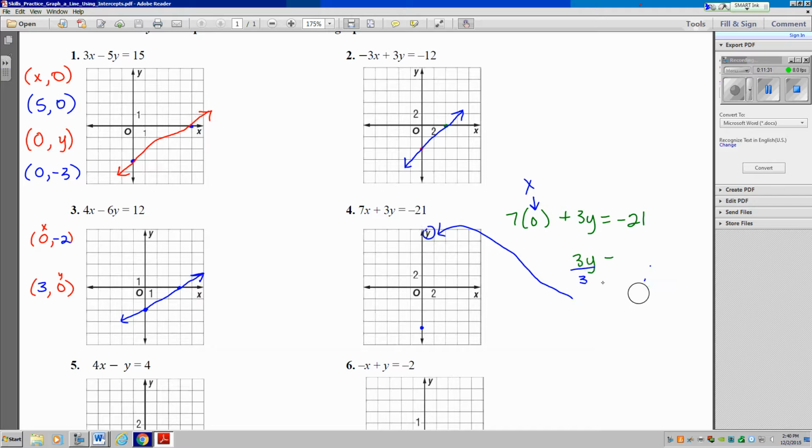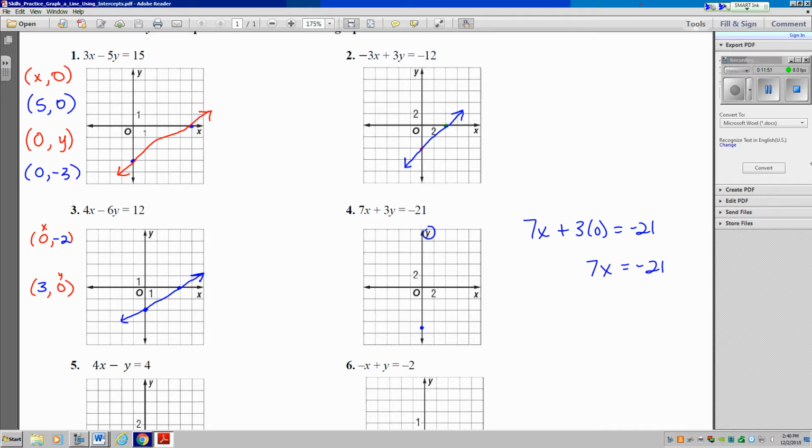Now let's try it again. Now let's solve for the x-intercept and put a 0 in for y. I feel so bad. Okay. So now let's put a 0 in for y, and we're left with 7x plus 3 times 0. The 3 times 0 disappears, leaving me with 7x equals -21. Divide both sides by 7, because 7 is in front of x.